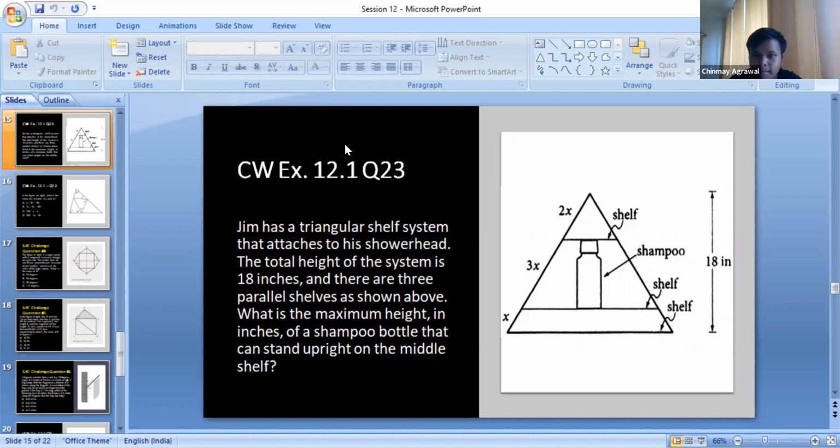Sir, 9 inches. Chinmay saying 9. You also saying 9. Okay. 9 inches, sir. Okay. Nishan? 9 inches.